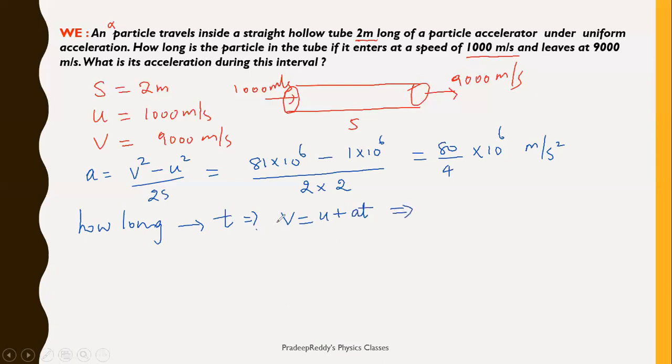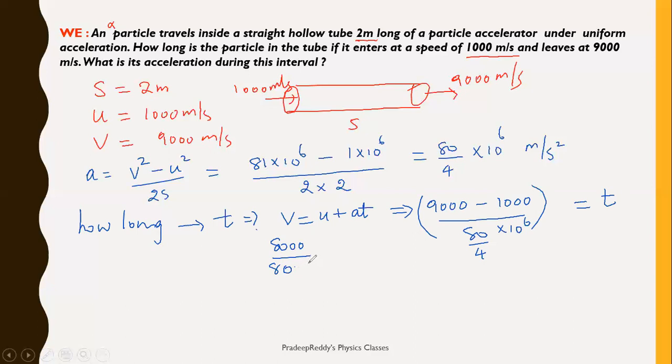Final velocity v, 9000 minus initial velocity 1000, divided by acceleration 80 into 10 power 6 divided by 4, is equal to t. 9000 minus 1000, that is 8000. 8000 divided by 80 into 4 into 10 power 6 is equal to t.